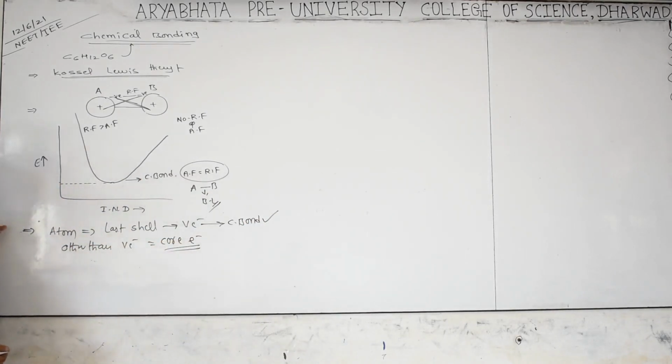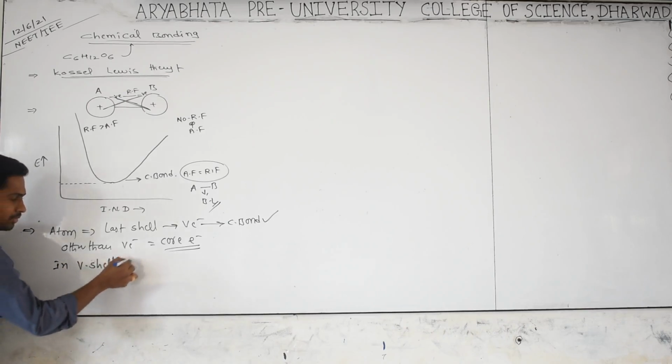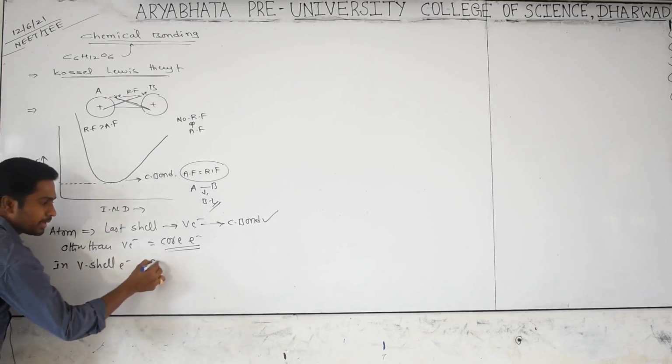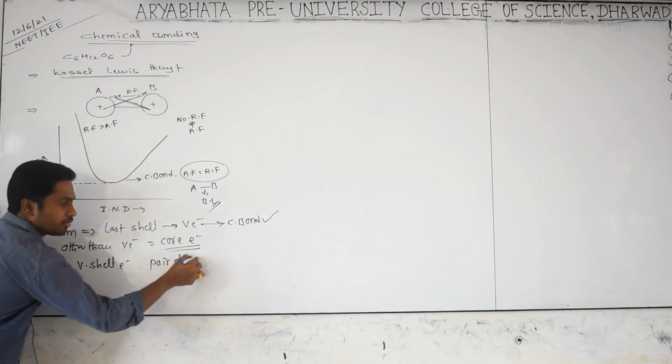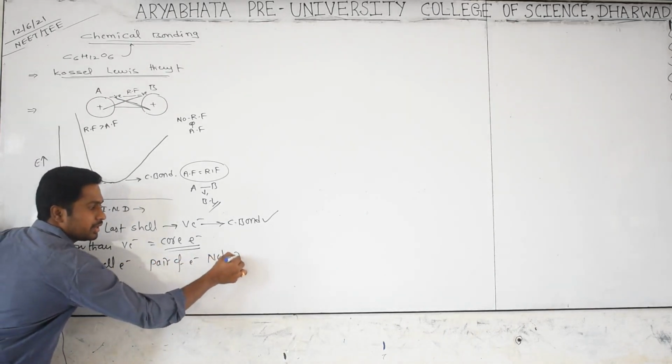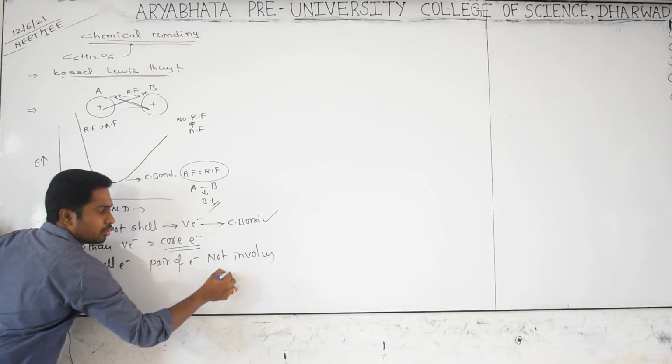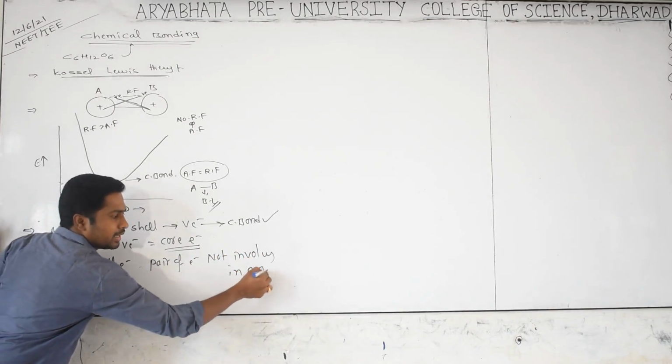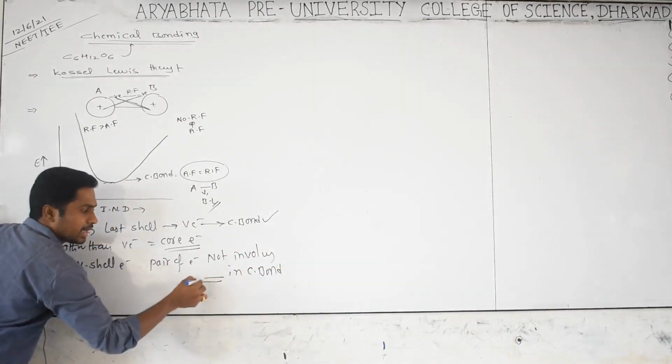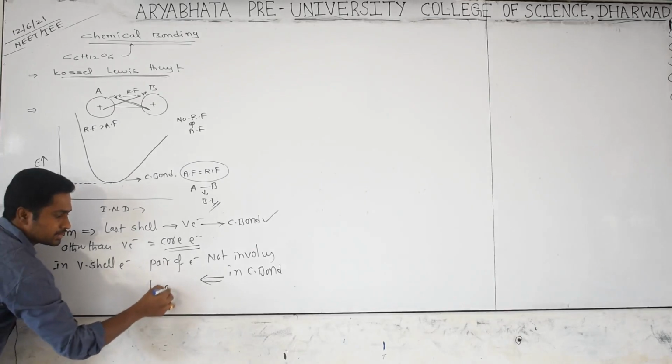This is an important bit. In the valence shell, some pairs of electrons are there that are not involved in chemical bonding, and those are called lone pairs.